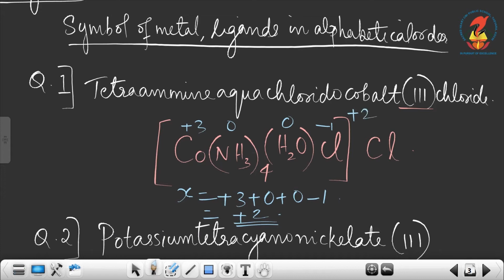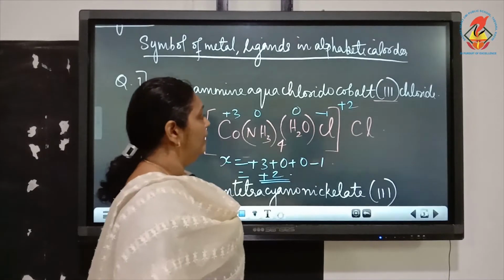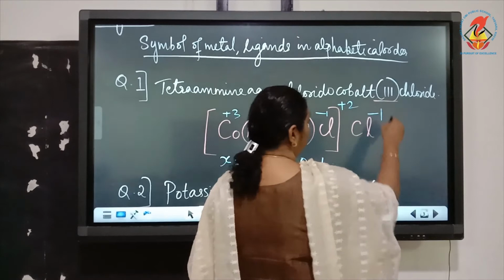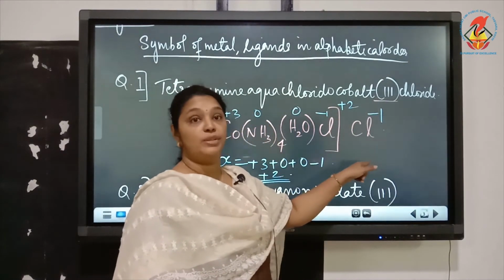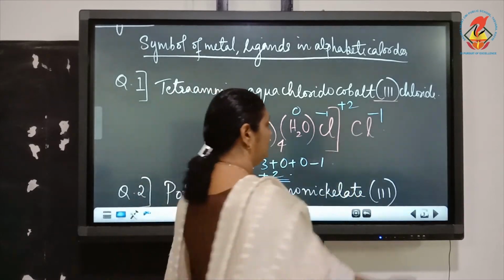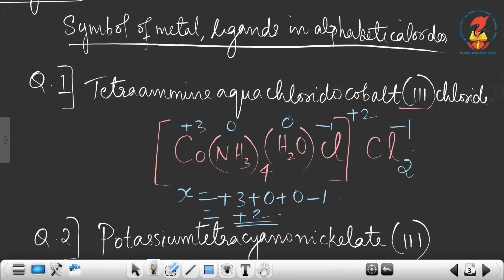Now, I am going to write here plus 2. So, we know the charge of chloride ion is minus 1. So, here if it is plus 2, how many chloride ions should we have? 2 chloride ions. So, I should write Cl2, which means now we have chloride ions as minus 2 and the charge of the complex as plus 2.